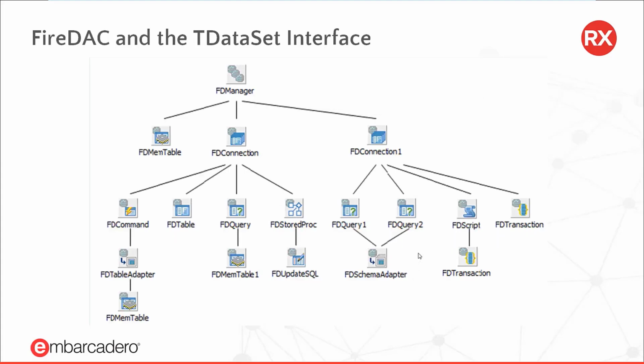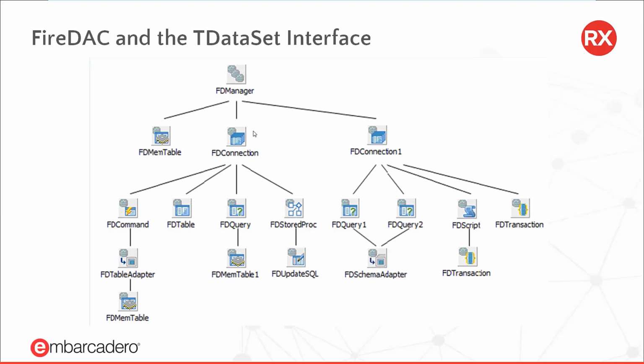With FireDAC, the TDataSet interface is represented by a number of different components, and I'm going to focus on some of these as we go through this presentation today. First of all, you have the FireDAC Manager, which is a singleton component that represents the overall configuration for your application. Next, you have FDConnections. FDConnections represent the user and a connection to the database.